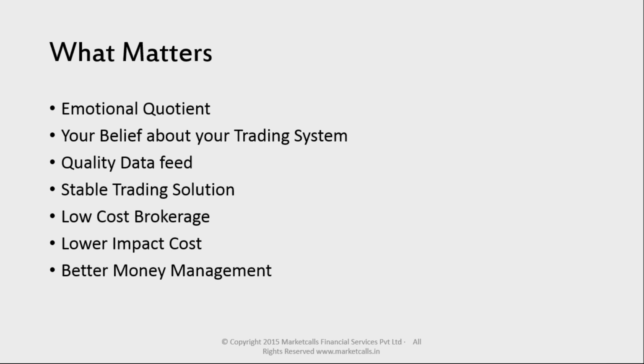So you need a better execution mechanism to get a lower impact cost. Otherwise, your impact cost is going to be very huge, which you may not include in your backtest report. But when you add your impact cost to your existing trading cost, the system trading behavior deteriorates.